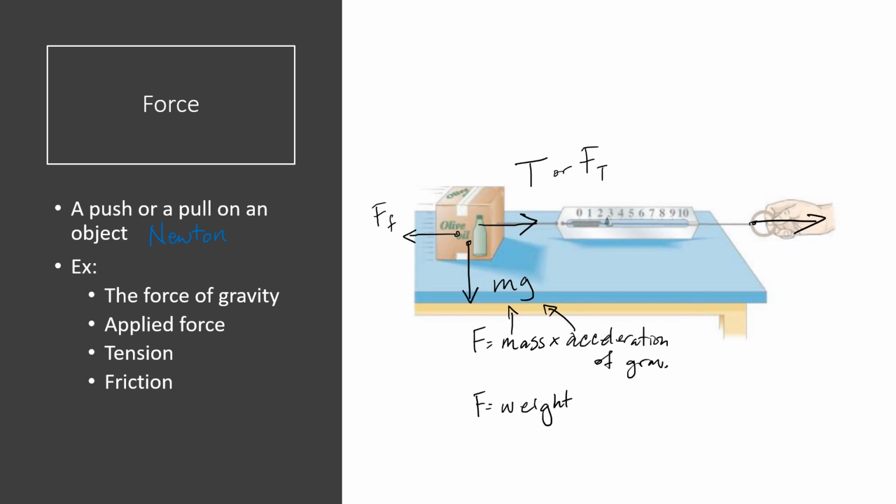But just so you know, these are our classic forces. The force of gravity, mg, mass times gravity. Applied forces are the forces that are added in. Tension is any sort of pulling force on a string. And friction is going to be pretty important. Friction is any force that opposes movement. It's always in the opposite direction of movement.